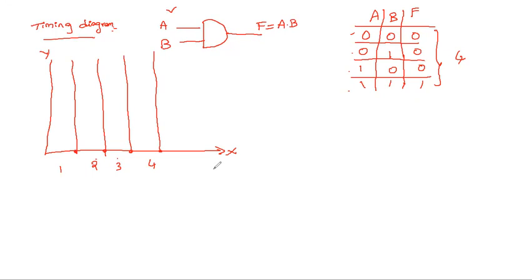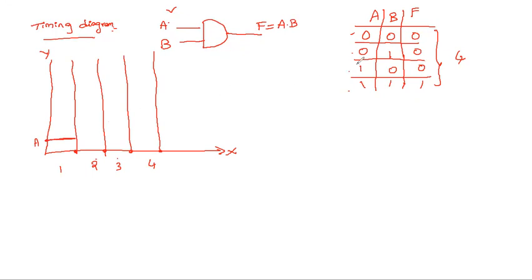Now I want to represent A. So what are the A values? In the first slot, A value is 0. So I am starting A from here. Initially the A value is 0.